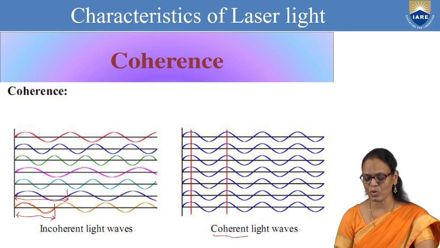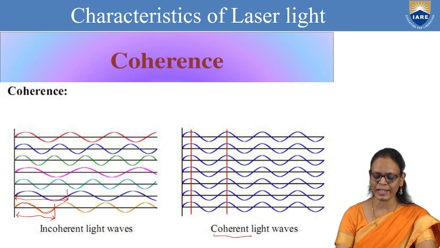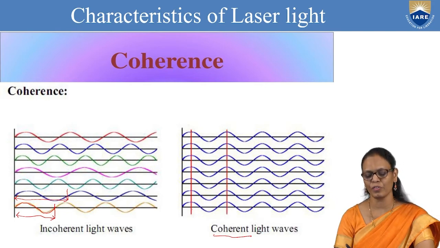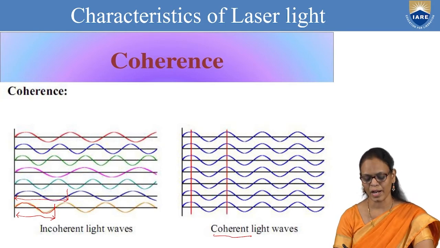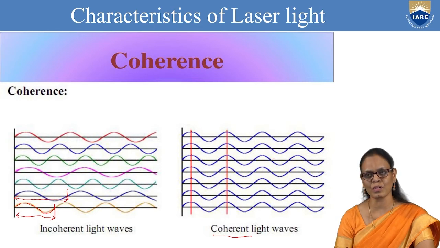But when it comes to coherent light waves, you see here all the crests are in line. The crests of each wave fall one on the other, and the troughs also fall one on the other. The frequency is also the same.